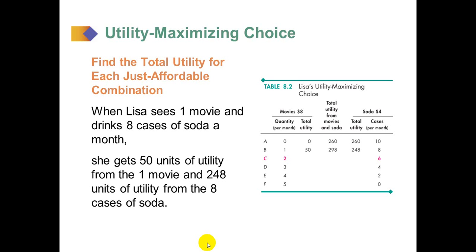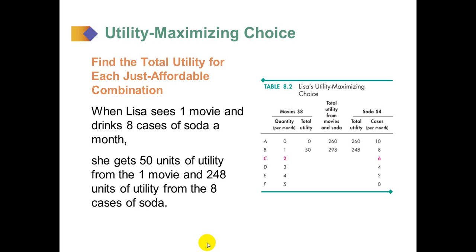A spreadsheet solution, the direct way to find the utility maximizing choice, is to make a table in a spreadsheet and do the calculations. Number one, find the just affordable combinations. Number two, find the total utility for each just affordable combination. And number three, the utility maximizing combination is the consumer's choice.